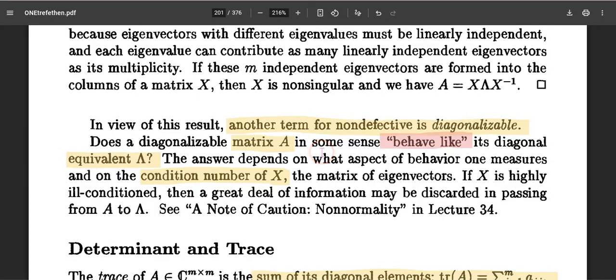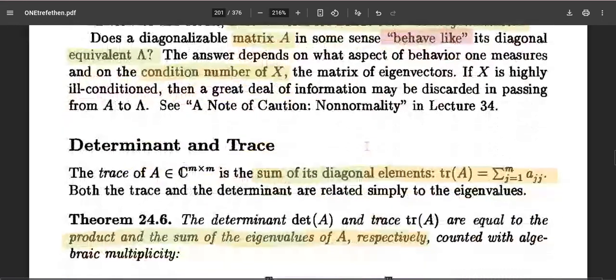Whether the behavior would be the same depends upon the condition number of X. If the condition number is very ill-conditioned, then the property that the matrix A contains would be lost when it is transferred to the diagonalized matrix. But if it is well-conditioned, then both would behave more or less similarly.